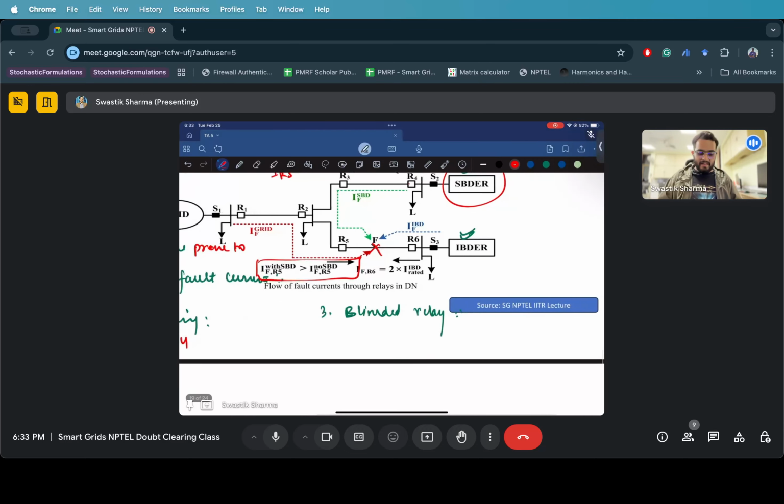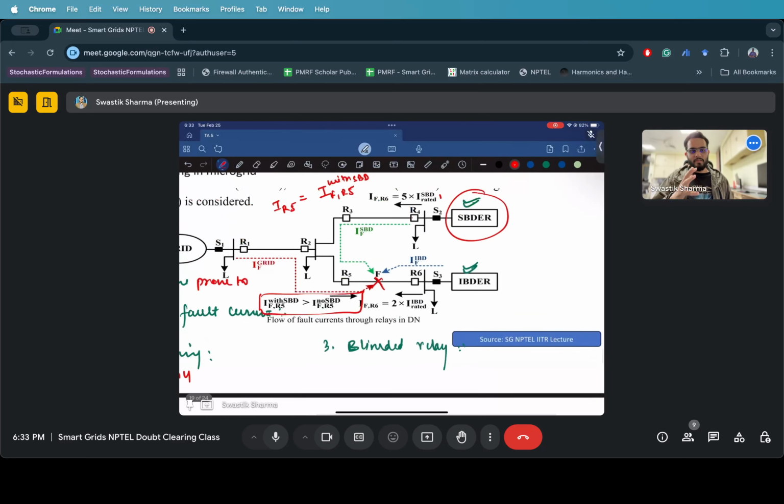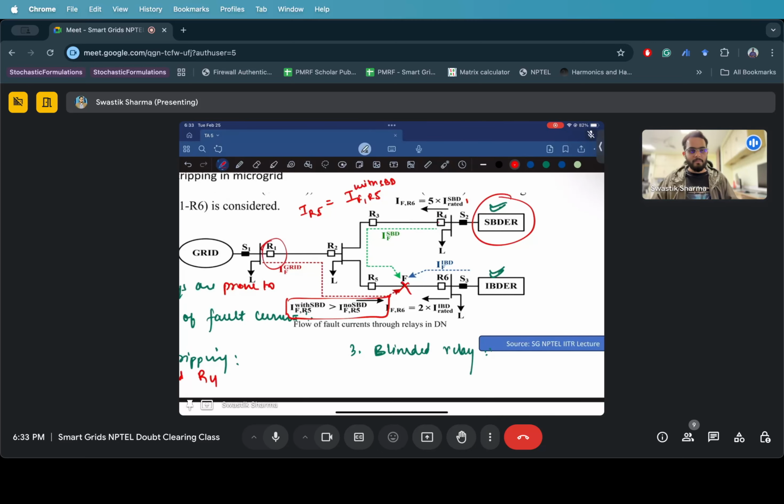Which one will be blinded? I already told you the one that is upstream will be blinded. The thumb rule is that the one connected directly across the substation will be blinded the most. So R1 will forever be blinded by this protection, but R6 as well.